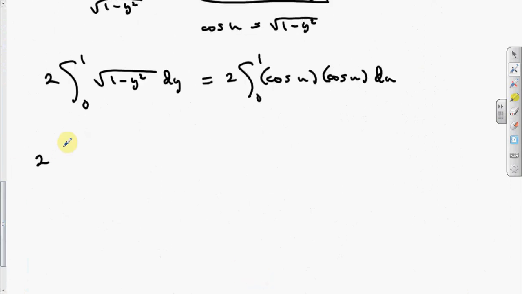So this is 2 times the integral from 0 to 1 cosine squared u du.